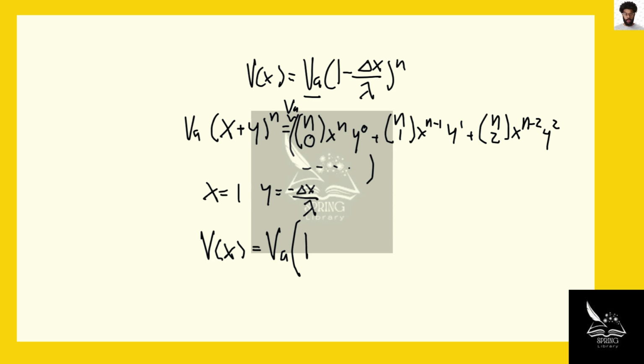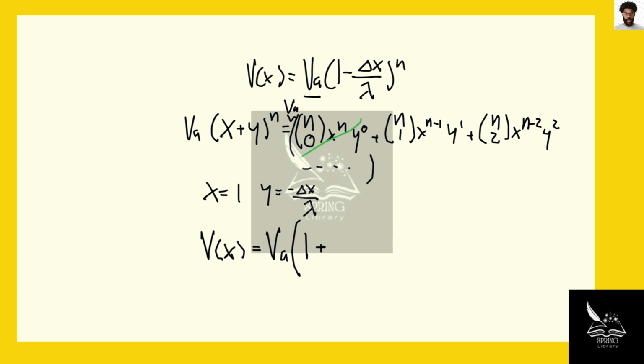Then we can continue to the second term, since we've completed the first. Now we're going to say n choose 1, which is just n.